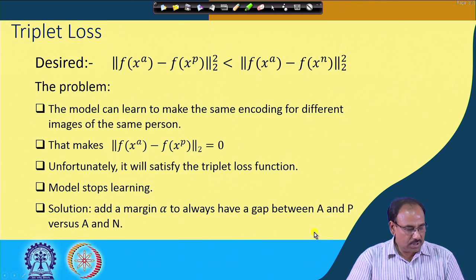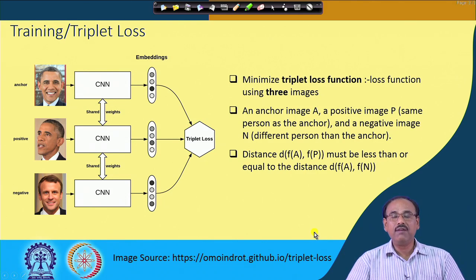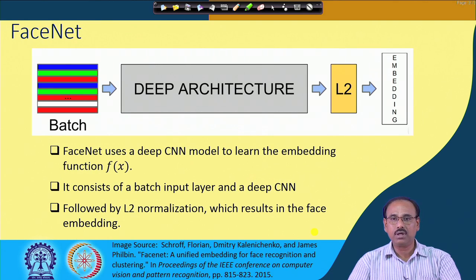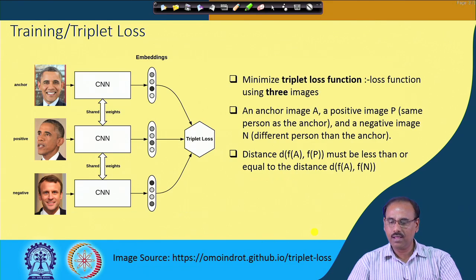The first and foremost thing is, of course, we have to train this network, and for training we have to define a loss function, and that training has to be done by a gradient descent approach, where the gradient descent algorithm will try to minimize the loss function.